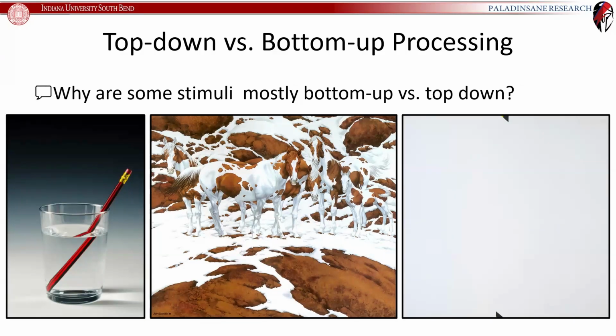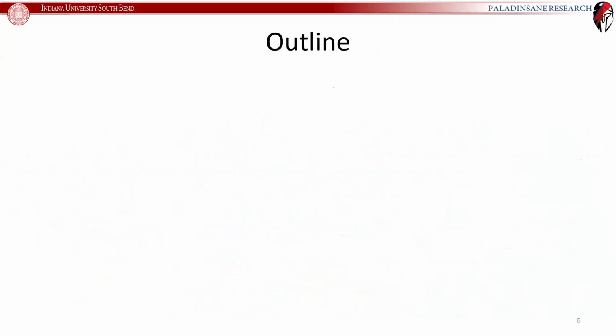And then all the way through Bev Doolittle's Pinto painting, to Heinz Held's Big N, where there was very little information and most of the perception was done via top down processes, with many of us not even knowing what we were looking at until the title of the painting was given, which was The Big N.